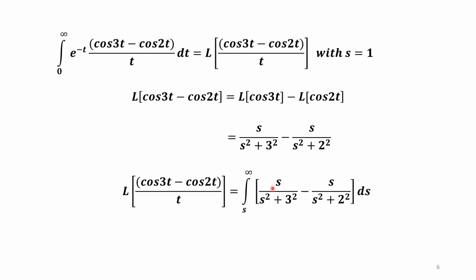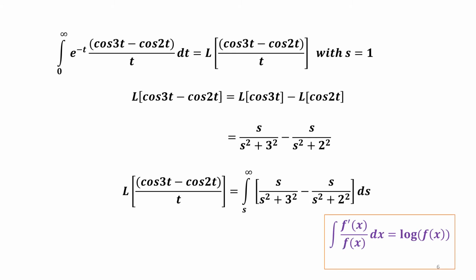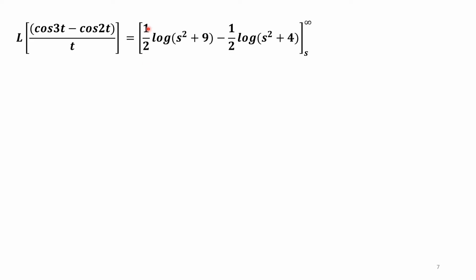So multiplying and dividing by 2, we can write this as half log. Since 2 was missing, we get half log (s square plus 9) minus half log (s square plus 4). Okay, this was the denominator. The numerator was s upon s square plus 9. The derivative of s square plus 9 is 2s. We had only s in the numerator. So multiplying and dividing by 2, we get half log.